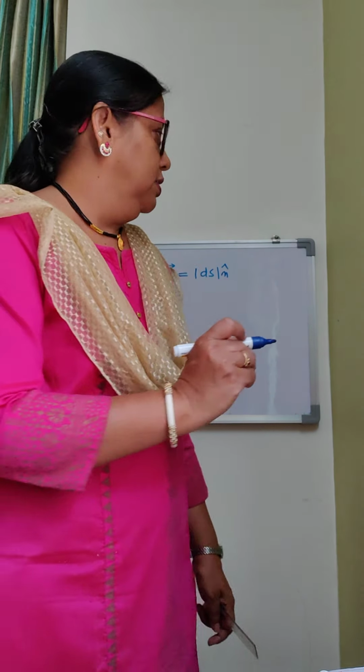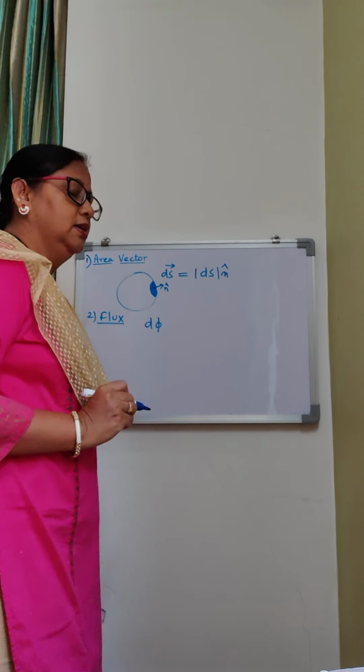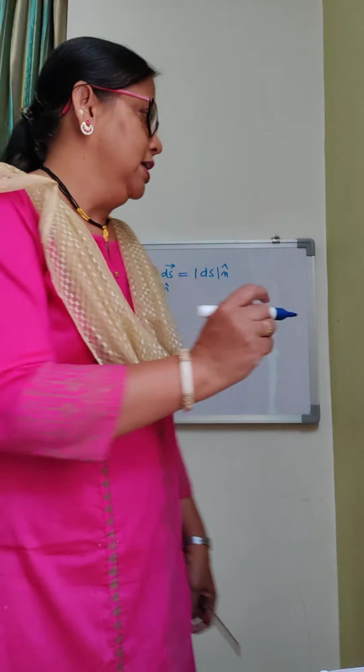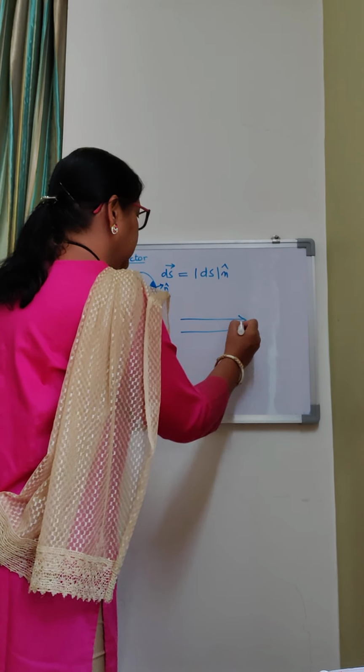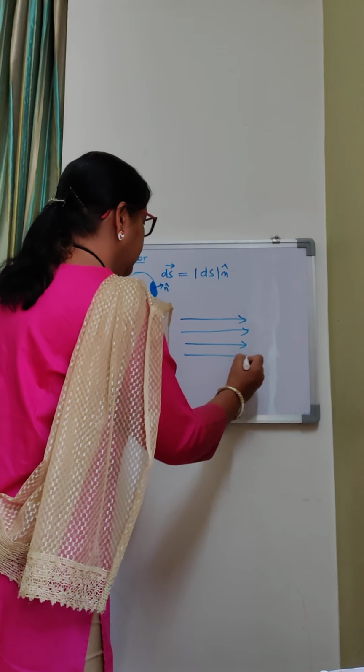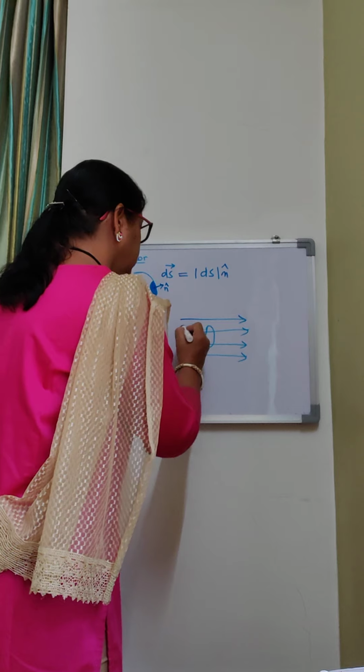So to get the idea about the flux or flow, we take the concept of d phi. D phi is nothing but the small flux flowing out. Now this flux is a number of electric field lines passing through a given surface. Now suppose I have this uniform electric field, and I have a small area here.